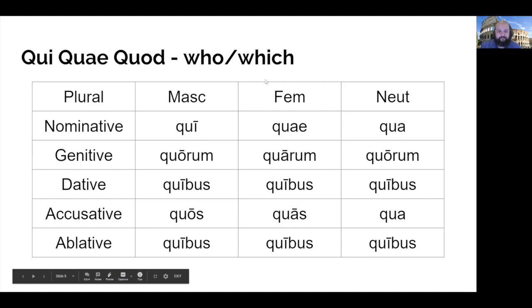And again, as you look at these forms, try to pick out different patterns. Try to limit the amount of information you actually have to retain. When I look at these, I always know that the dative and ablative are exactly the same. The genitive is very similar to what we've had in the past with other noun endings. And so this makes it a little bit easier to deal with.